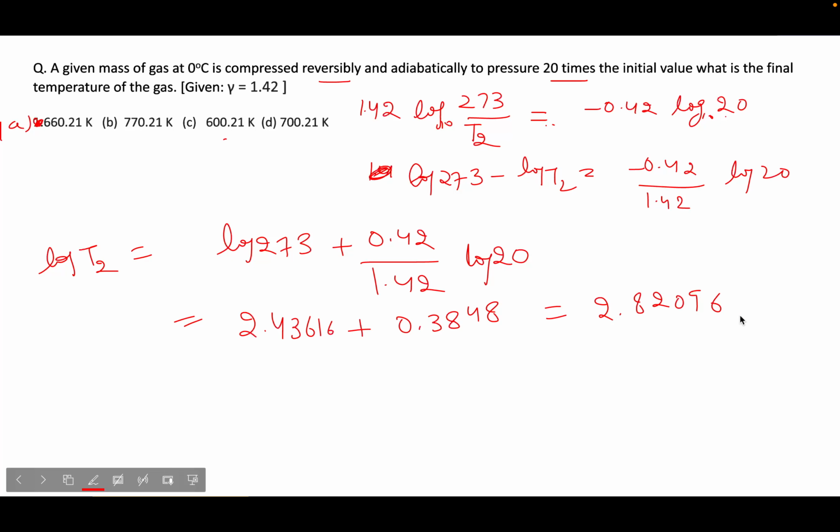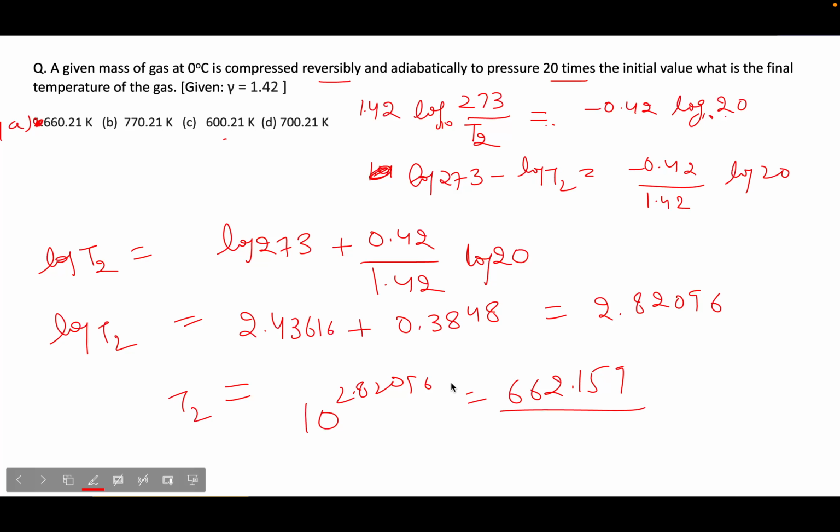I'm taking it till the last digit to get a near exact answer. So taking to the power 10, this is coming 662.159. So this is not 662. Let's say we have considered some approximation. So this is 660.21 Kelvin.